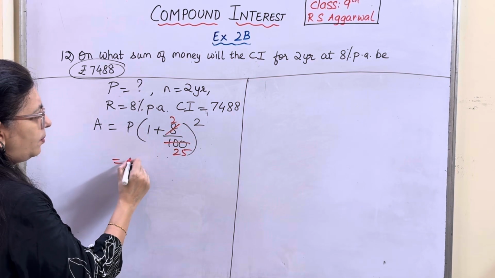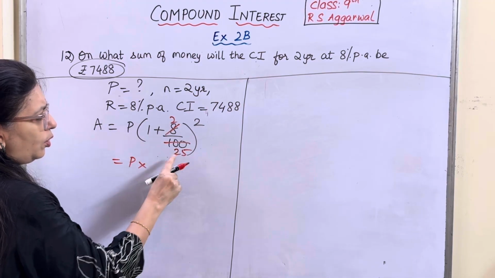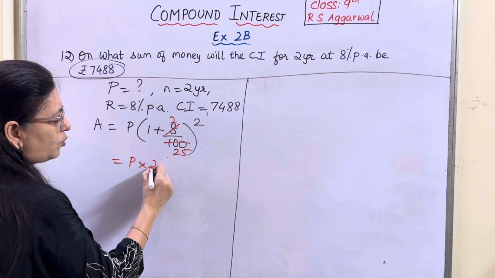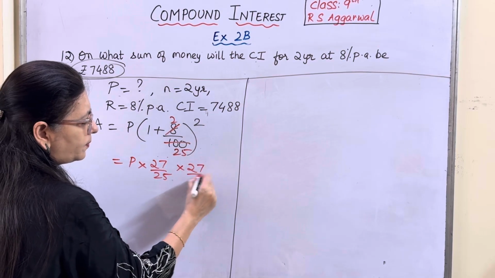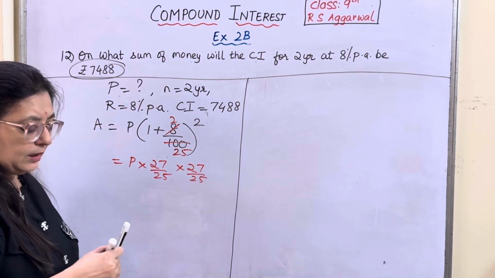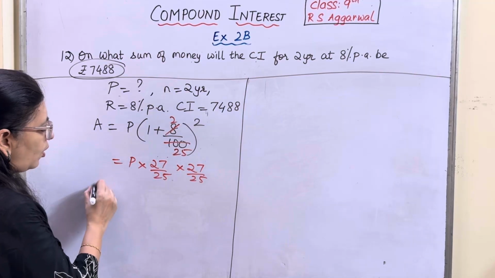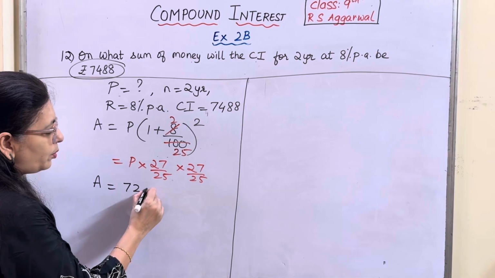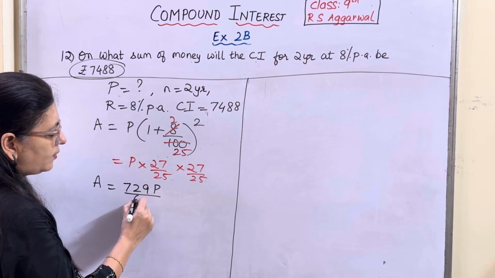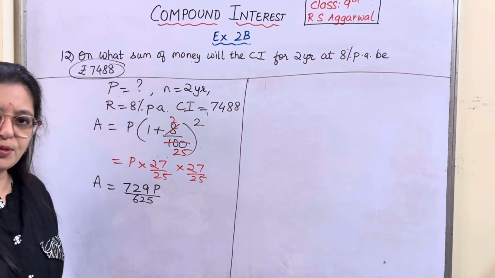So this will become P into 25 plus 2 is 27 upon 25, 2 times. So the amount is 27 times 27 is 729p upon 625. This part is clear?